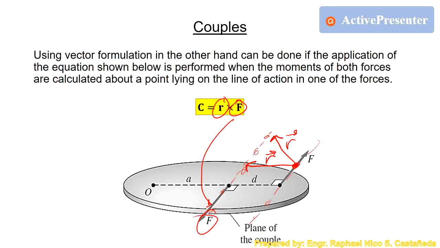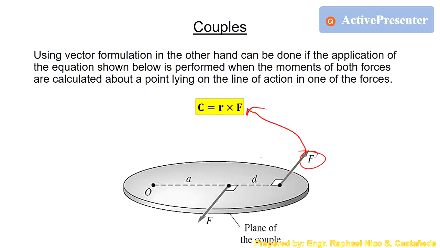So meaning, the moment center in the moment of the force about a point may be any point on the line of action of the other force if we use this force in our calculation. Same thing, we can start from this point, then select this as our position vector R going to the line of action of the other force.